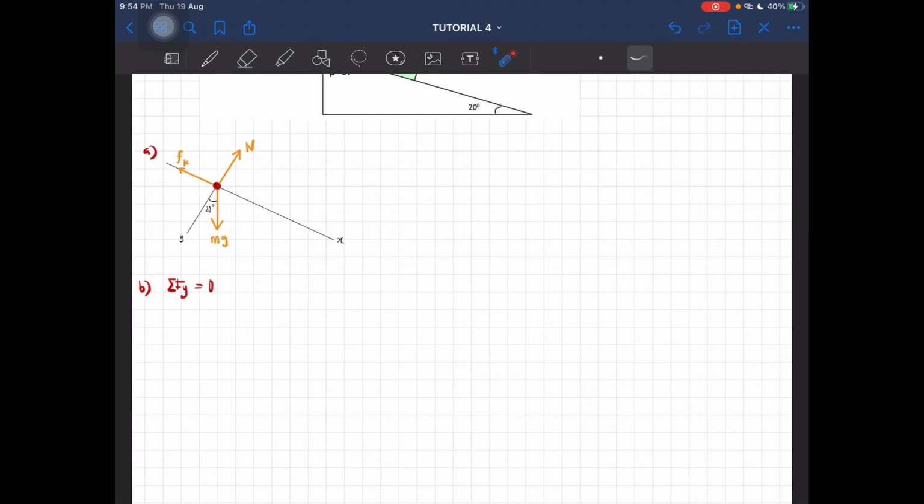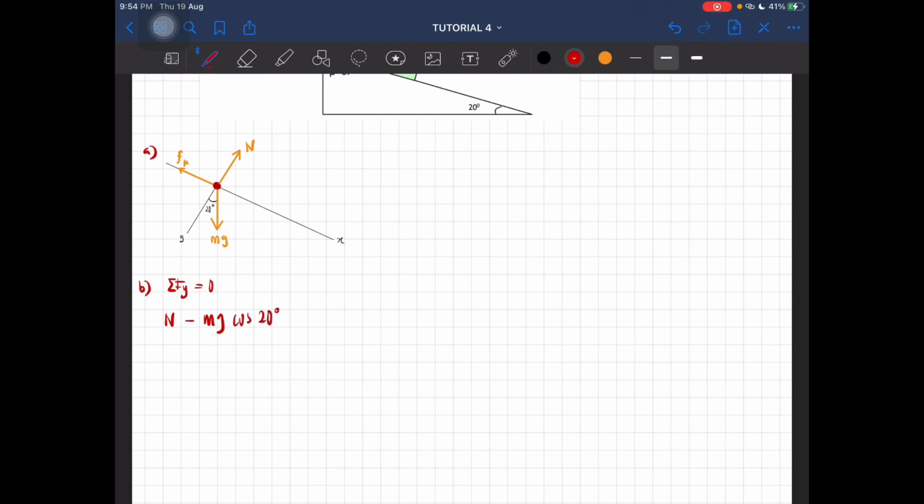Since the question asks about friction force, and friction force is related to mu n, we only need to use the y component to find the value of n. So you'll understand when we start to solve this question. So look at the y component, n minus mg cos 20 degree.